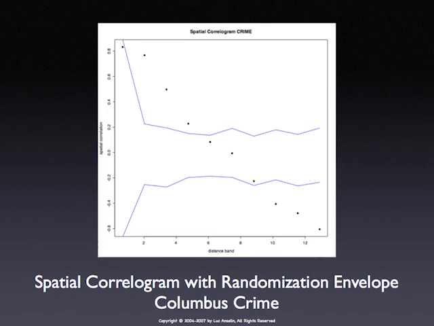So I would dismiss this as being just a precision issue, but then we have spatial autocorrelation up to a point, and then this is no longer significant. So we can look at these distances, and roughly between 4 and 6, there seems to be a cutoff of no longer having significant spatial autocorrelation, and then we can use this as a way to determine the range of the spatial correlation.